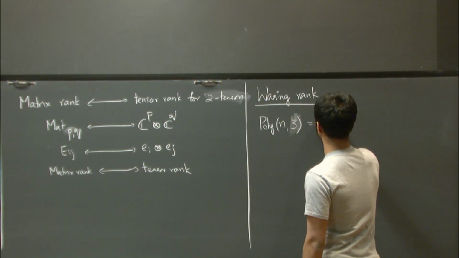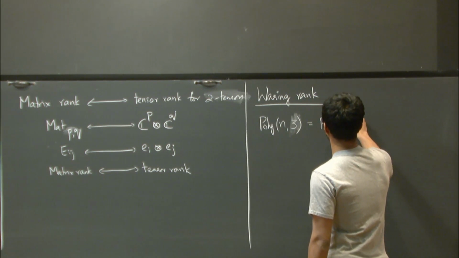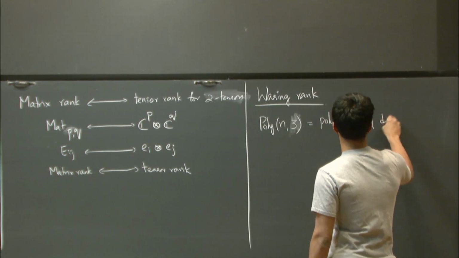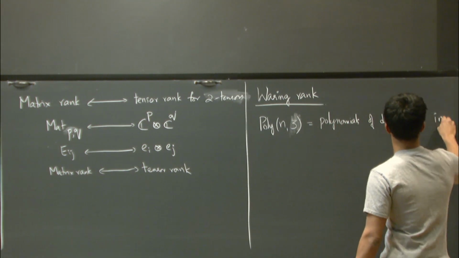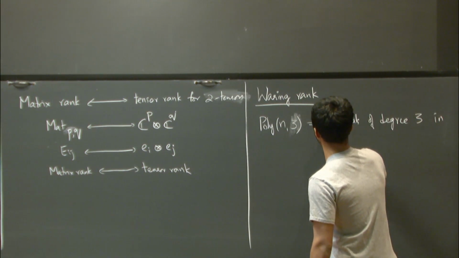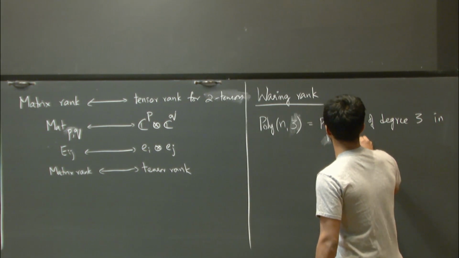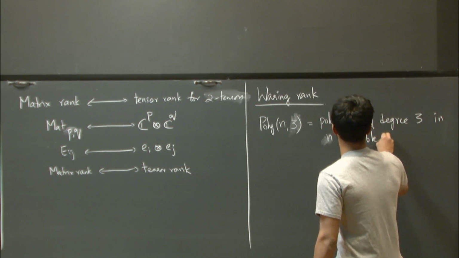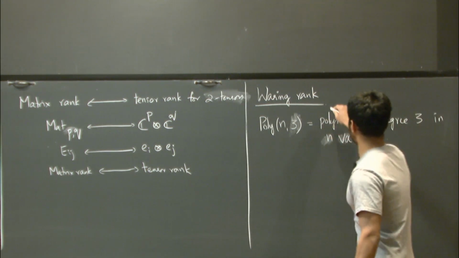This is going to be polynomials of degree 3 in n variables. Is that clear? Exactly degree 3. Not necessarily homogeneous. Yeah, I mean homogeneous.